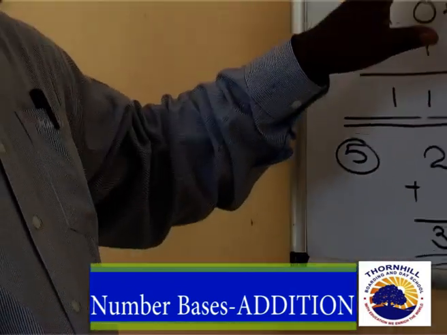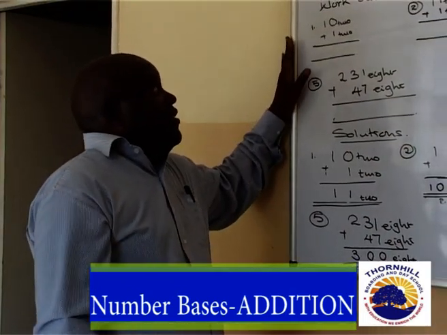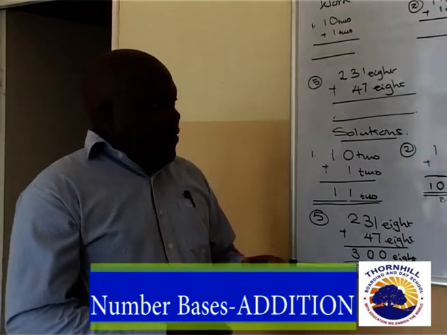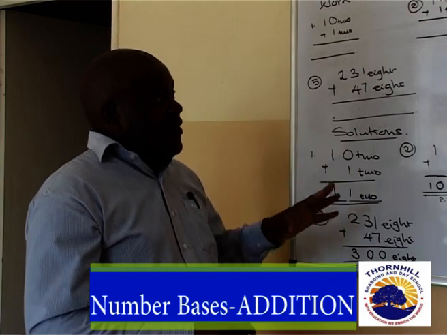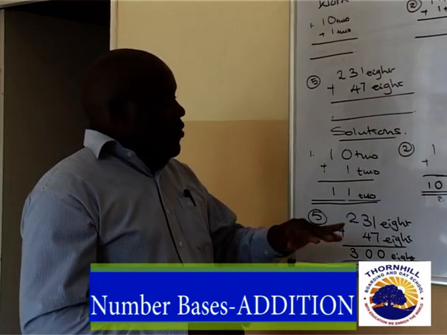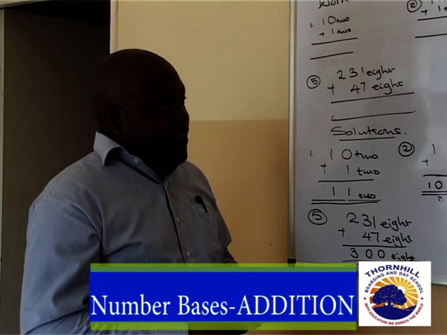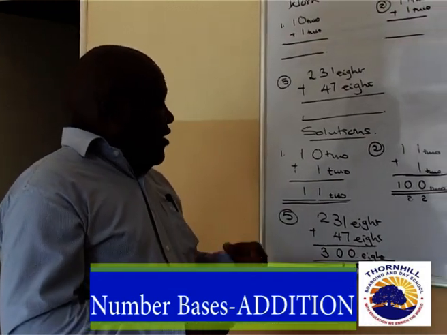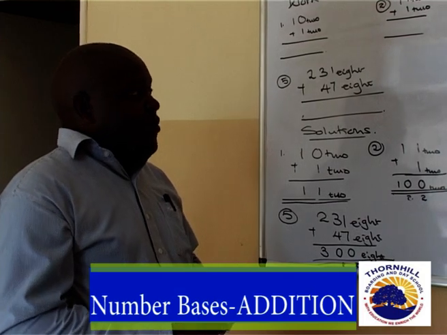So this is how we do the addition in these bases. I'm going to give you a follow-up exercise which you do, and then also the solutions are there. So when you finish it, simply check after you've done your work if you've gotten them wrong or right.